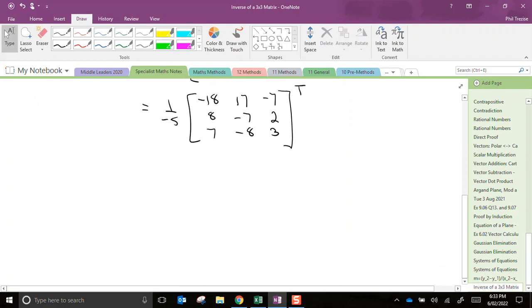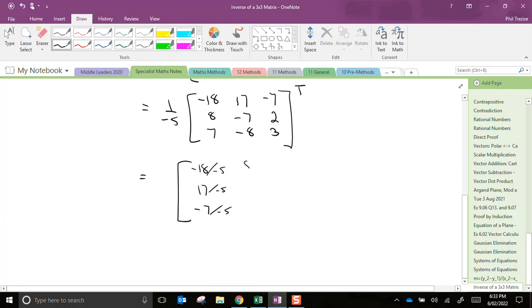And now I just need to do the transpose of that, and I need to multiply through by the factor 1 over negative 5. So if I do the transpose, remember the first row becomes the first column. So it's negative 18, then 17, then negative 7. Now multiplying through by the factor means divide by negative 5.